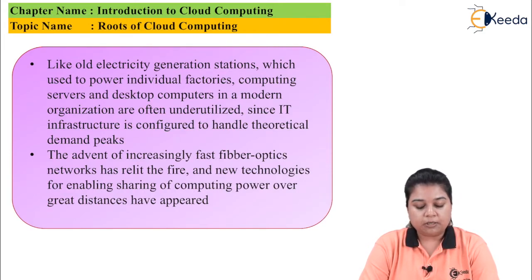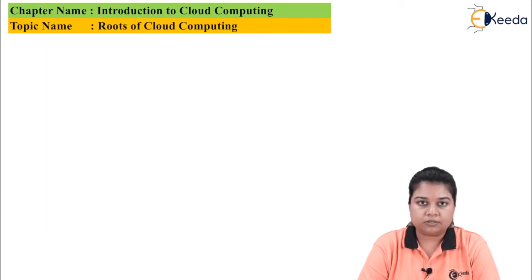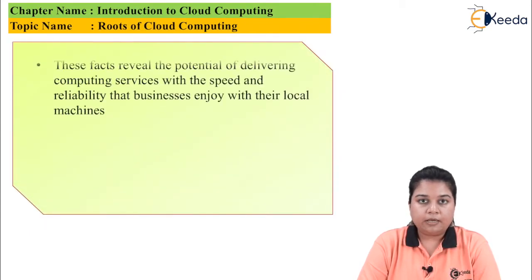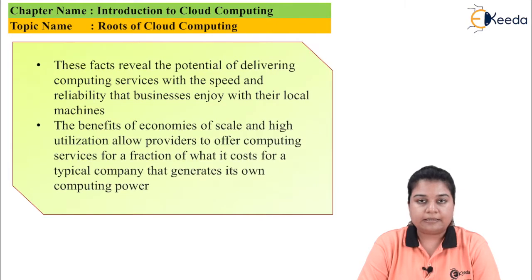These facts reveal the potential of delivering computing services with the speed and reliability that businesses enjoy with their local machines. The benefits of economies of scale and high utilization allow providers to offer computing services for a fraction of what it costs for a typical company that generates its own computing power.